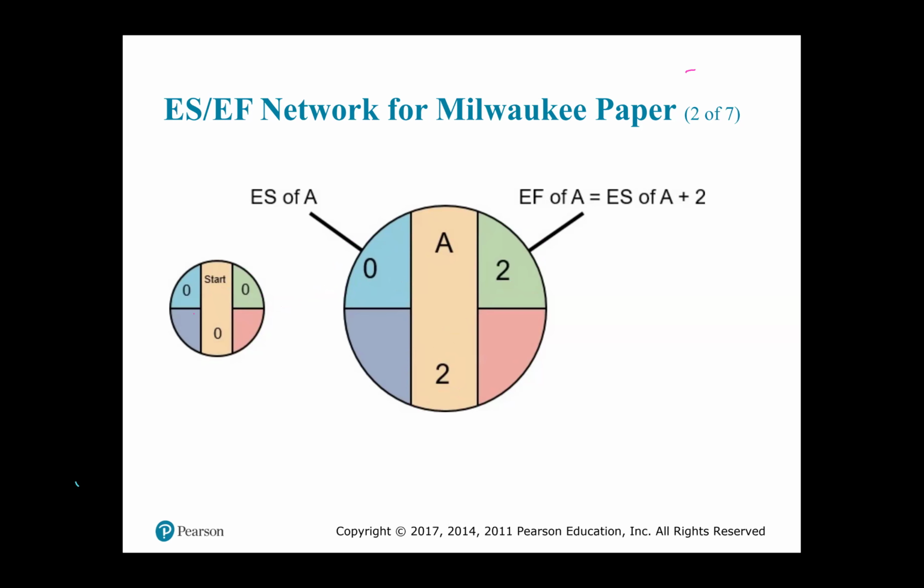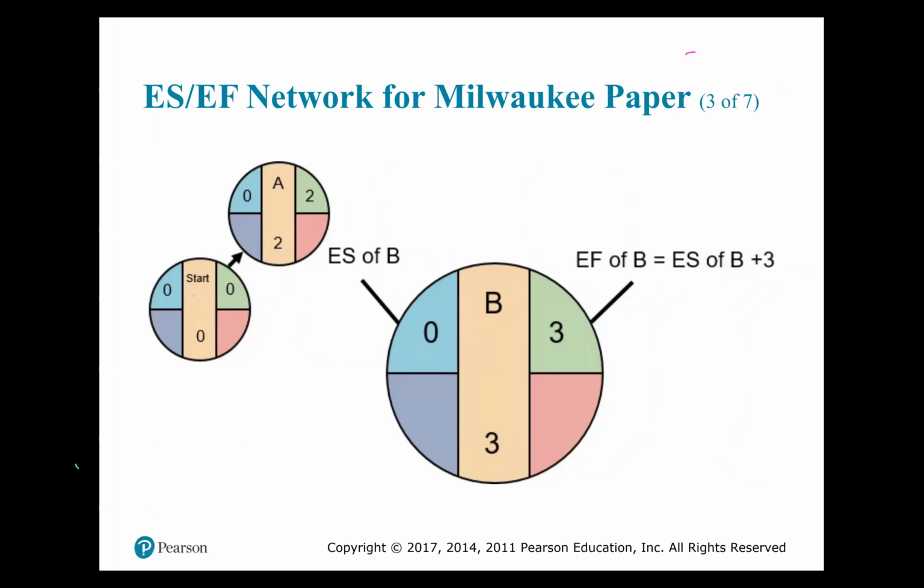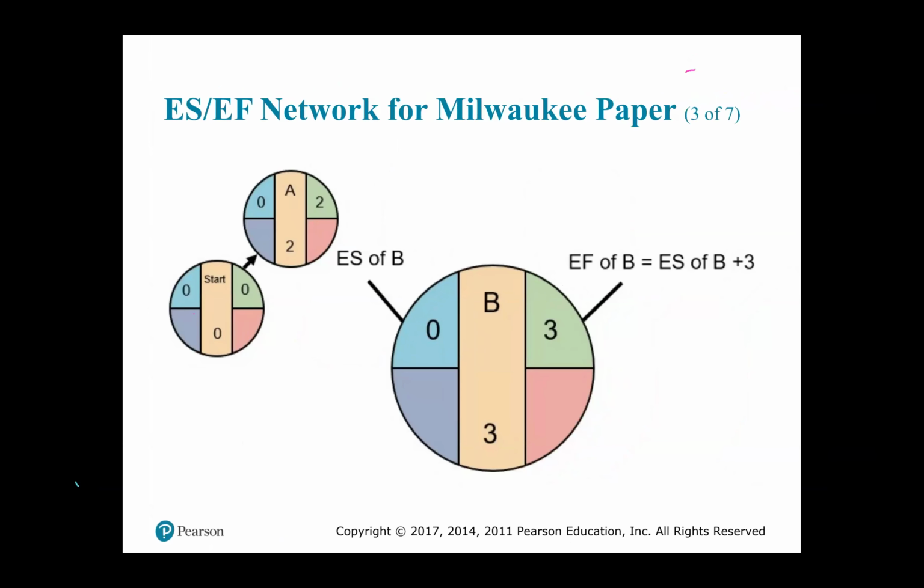Now, I'm going to turn the page to go to activity B, right? So that's one of the activities. The next activity that would come out of the start node would be activity B. Remember, we have drawn our network already, so I'm just isolating the parts so that you're able to see clearly.